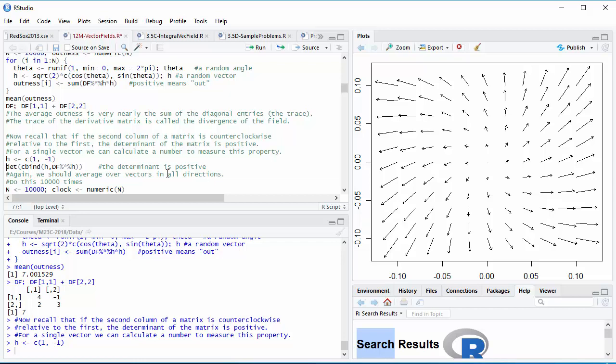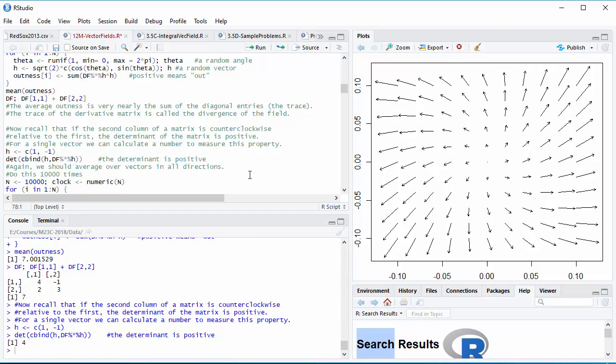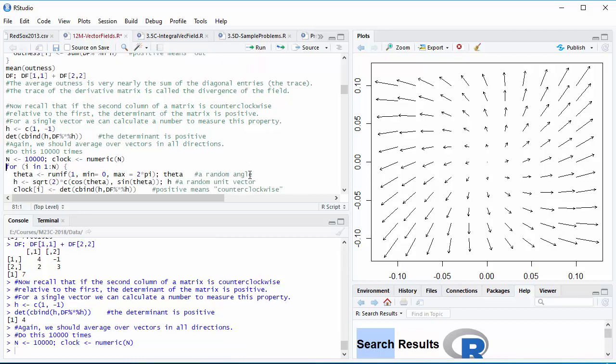So for a fixed increment vector, the quantity I want to calculate is the determinant of the matrix whose first column is the increment, whose second column is the result of applying the derivative of the vector field to that increment. In this case, it came out 4, but we don't want a single case. We want to do this 10,000 times.